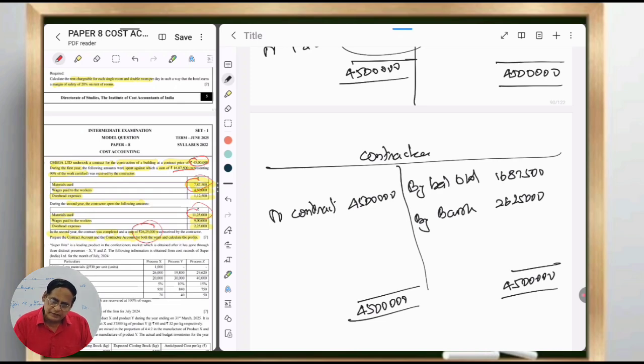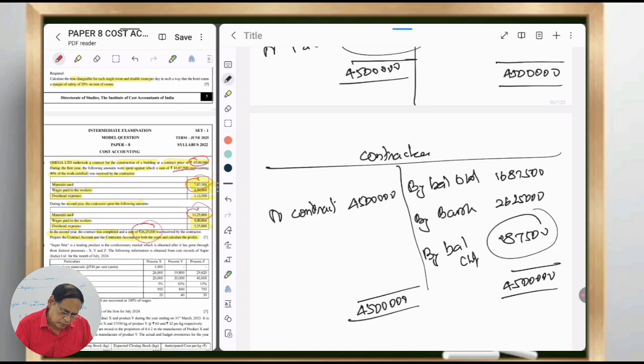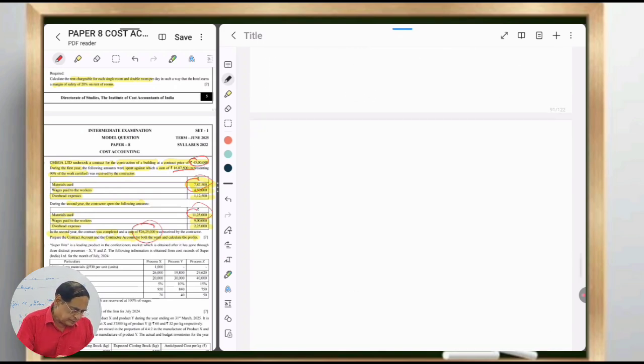So 1 lakh 87,500. So by balance carry down, 1 lakh 87,500. So this sum is over. We will see the next one.